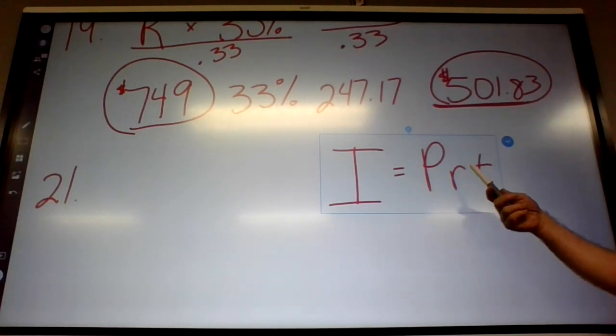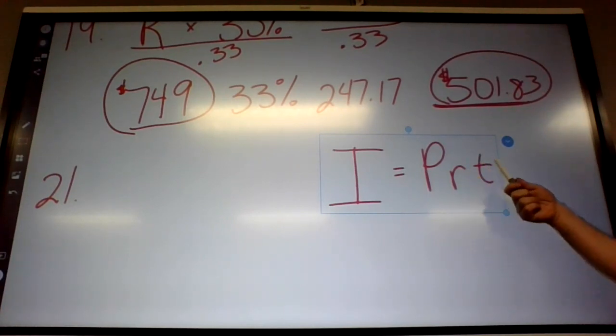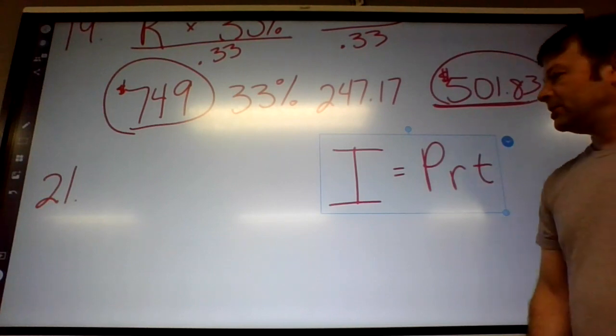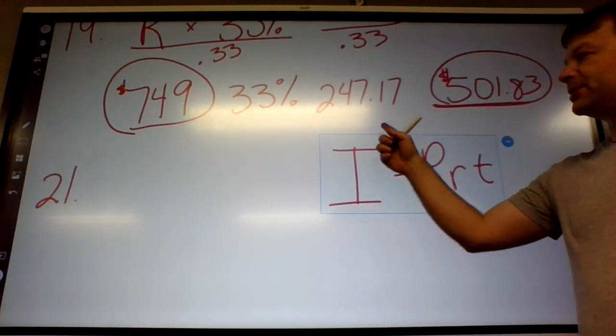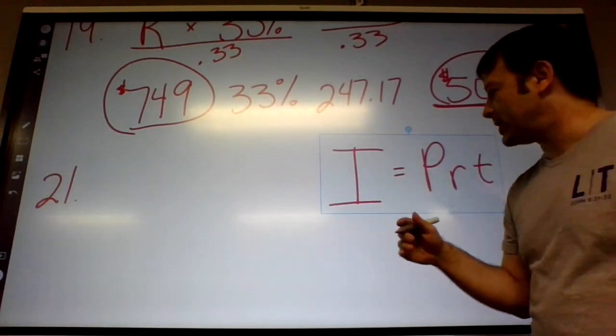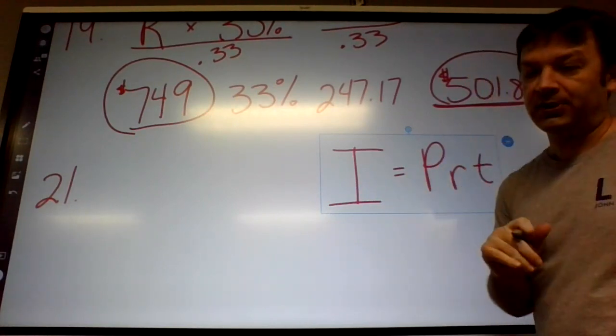Like, right now I think the house interest rate is like 6% or 8%. I think it's 8%, I think it's high. And T stands for time, like how many years you borrowed it. The longer you borrow it, the more money you have to pay on it. And that gives you interest, which is the extra money that you have to pay or that you get. Okay, so you just multiply those three things together.